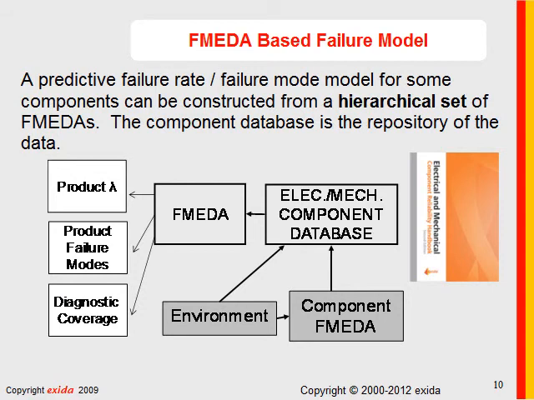The end result of all that is an electrical and mechanical component database that considers not only the environmental operating profile, but design-based characteristics. And so given a particular environment, we have a component-level electronic component database, which then can feed the FMEDA process to generate very accurate product failure rates, product failure modes, and diagnostic coverage parameters.